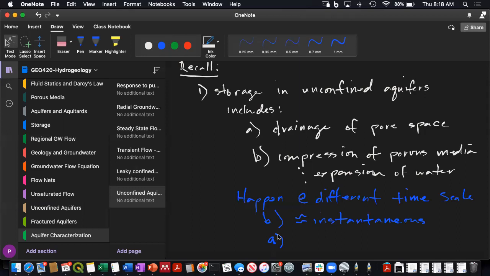So pressure waves move much faster than the fluid actually moves. Process A happens slowly. This is exactly analogous to the drainage of an aquitard.